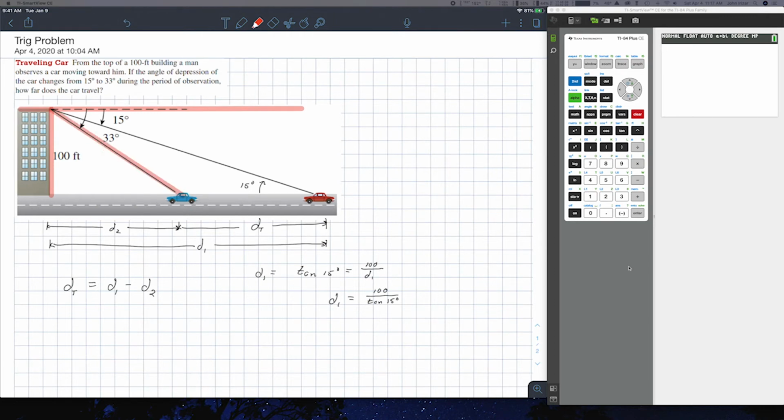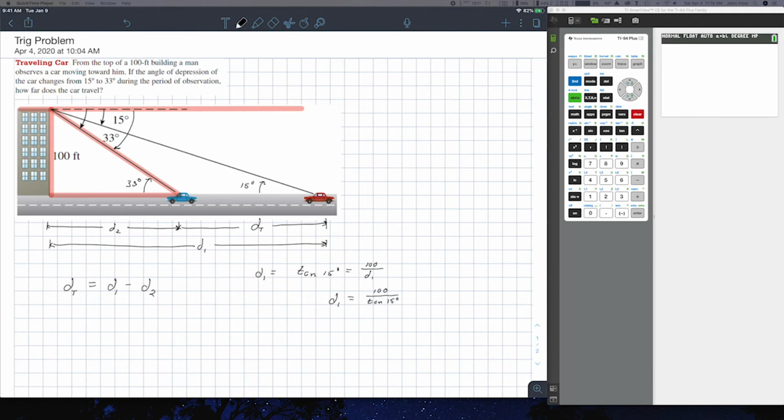I will now create a second triangle to the point where the car was or is after it has traveled. And again, using some of the geometry that we have known from before, this new angle here is 33 degrees. So this angle here is likewise 33 degrees.